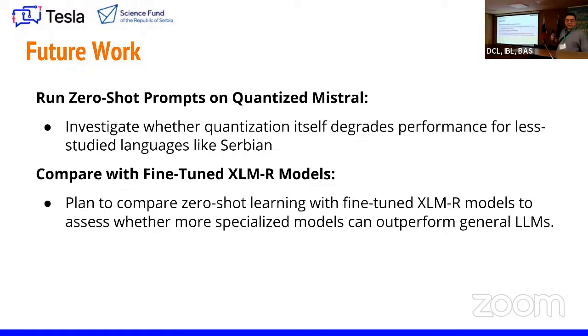So further research is to see if the problem is with few-shot prompts, or whether we can run zero-shot prompts on quantized Mistral, although I'm not sure how much benefit that research has, because by now Mistral is a little obsolete. There are new language models which may give better performance.